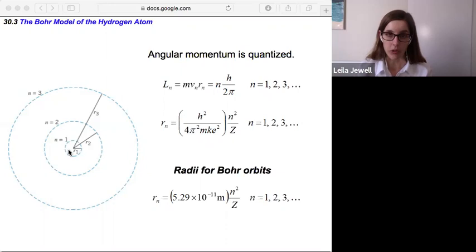If you're at n equals 1, the ground state, n equals 2, or n equals 3, that will tell you how large your radius is. So that's pretty nifty.